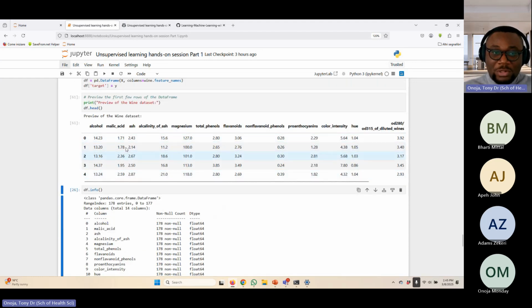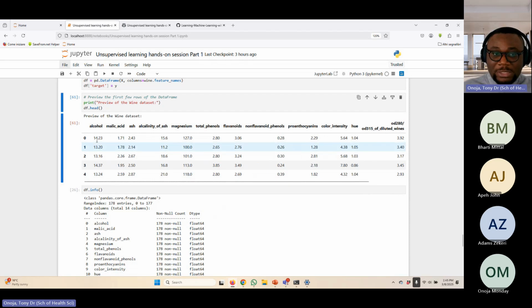You can see the alcohol, the malic acid, the magnesium. So now you could see why I emphasize standardizing your data set, because alcohol is around 14.3, 13 something, but malic acid is just 1.7, 2.43. Then you have the ash, and then magnesium, which is 127, 100, 101, 113.